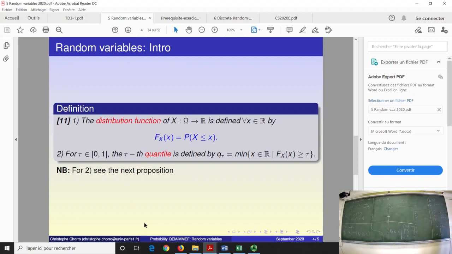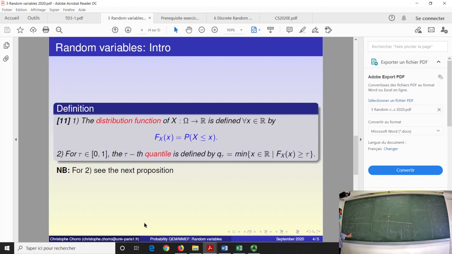In the case you take tau equal to 1/2, it's what we call the median of the random variable. But I will come back to this point in the statistical part. So for tau equal to 1/2, you have what we call the median of a random variable.